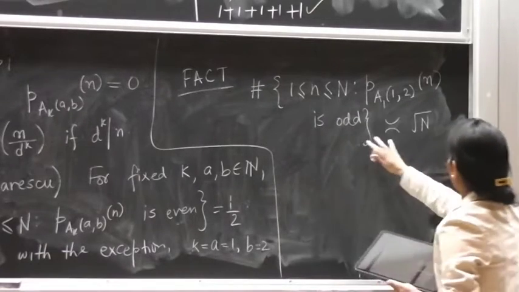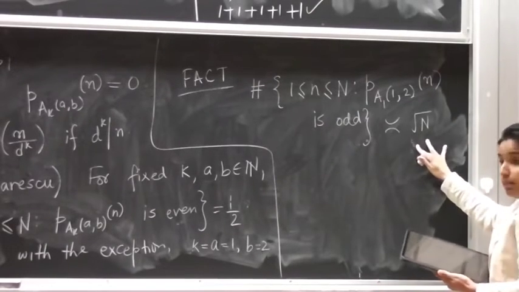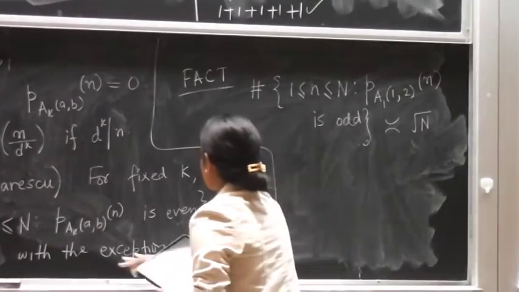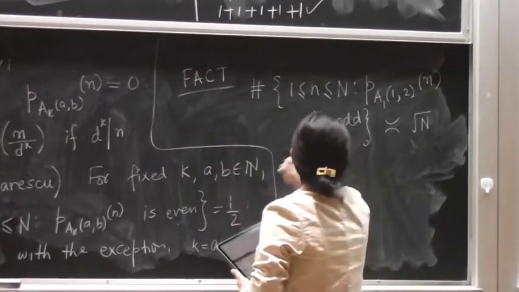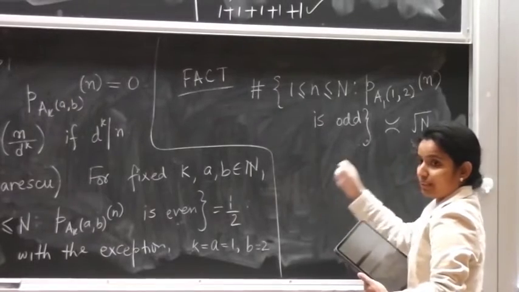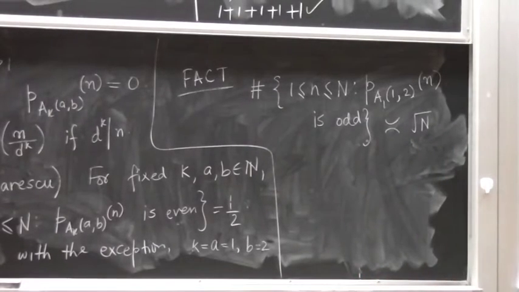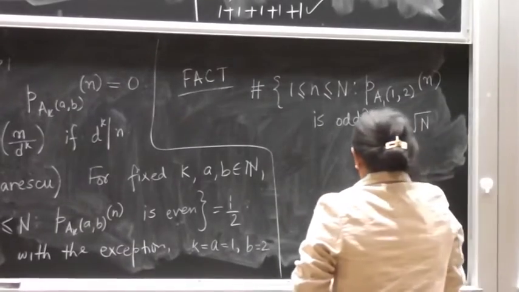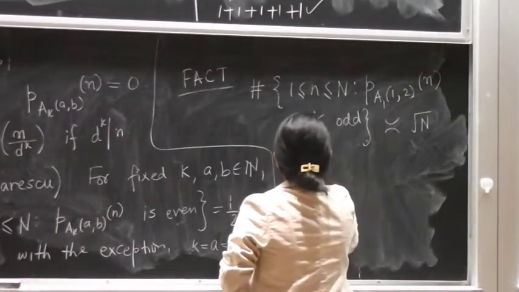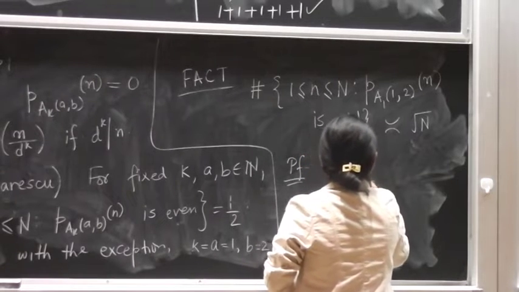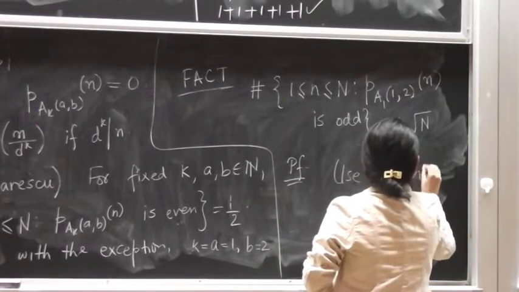So this is odd quite a few times, but not too much. Even in these cases it is expected that this should be about n over 2, but in this case, it's way smaller than n over 2. This is in fact just asymptotic to square root of n, and the proof uses Euler's theorems.